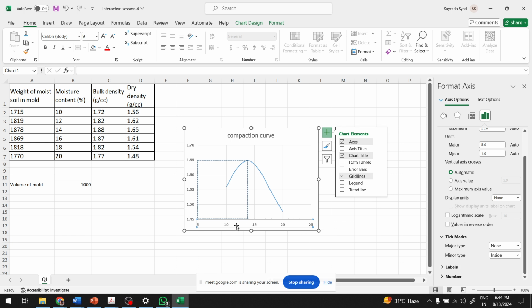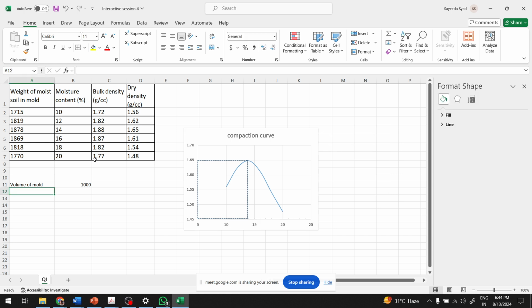Yeah, so this is 14%. So our MDD, maximum dry density, is 1.65, which is at water content, oh, it was there only. 1.65 was here. Okay, at 14 percent of water content.